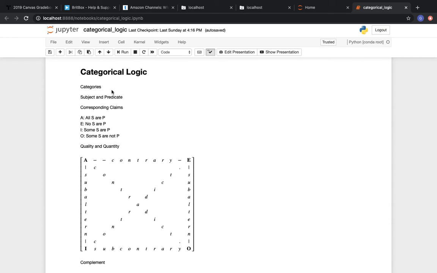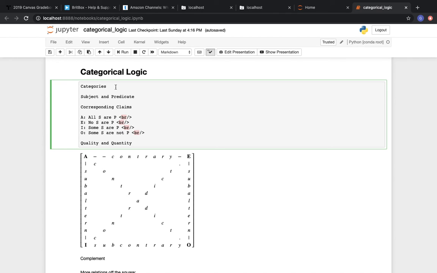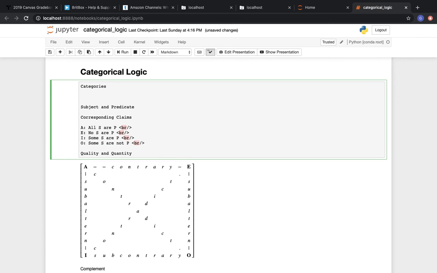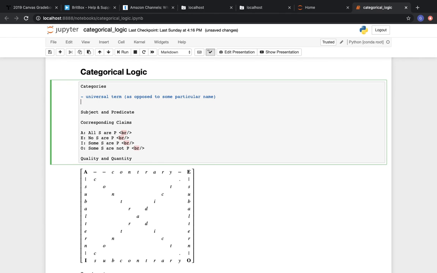Okay, so we're talking about categorical logic, and a good place to begin is with the notion of categories. So I'm going to go ahead and type a little bit here. Basically, the idea of a category is of a universal term as opposed to some particular name. So, in effect, what we'll be using here are plural nouns.